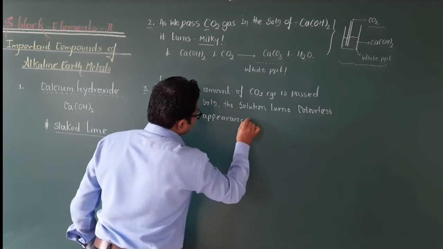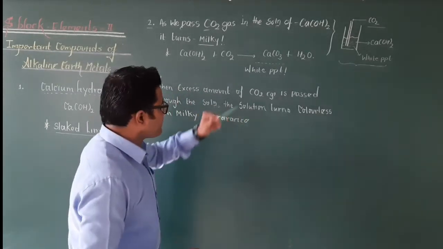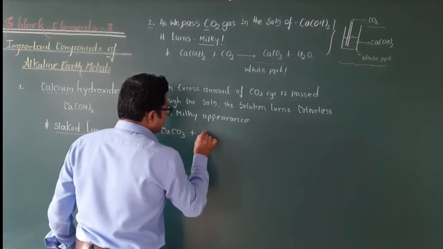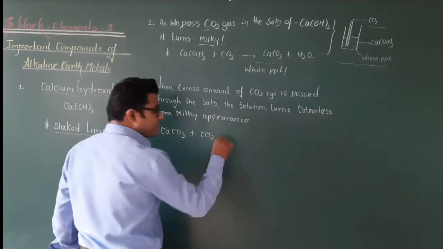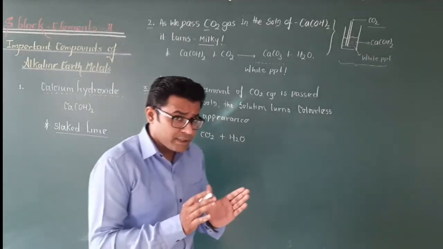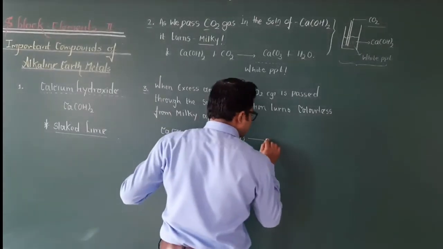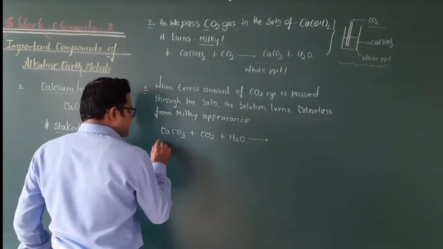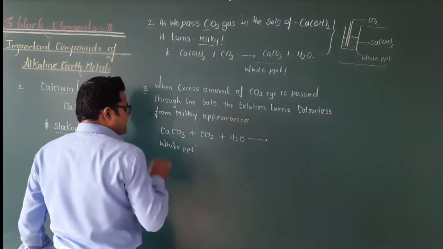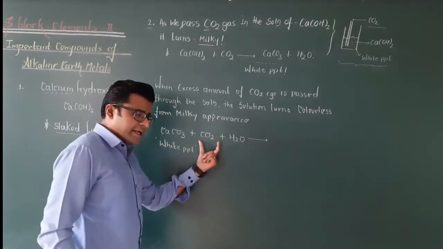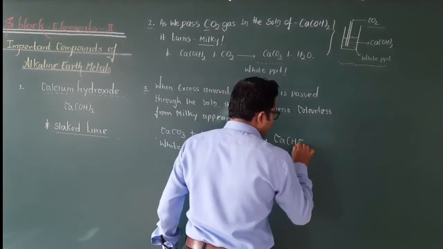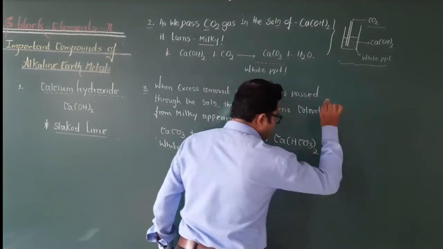Now we'll observe why this is happening. As we observe over here, we already have calcium carbonate, and this calcium carbonate is going to react with carbon dioxide in the presence of water. As it starts reacting, this white precipitate which was responsible for the milky white appearance will react with carbon dioxide in the presence of water to give us calcium hydrogen carbonate.